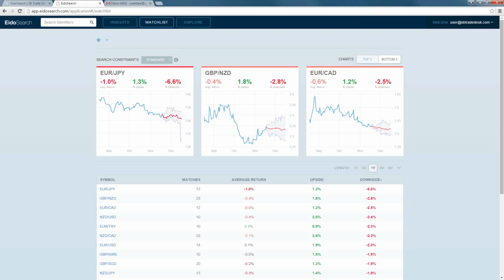No, it's based on the history of the matches, and then giving a probability of the current situation 1 month forward, or whatever your length is, based on all the similar instances of similar patterns and what happened afterwards. So there's no correlation, I should put it that way.